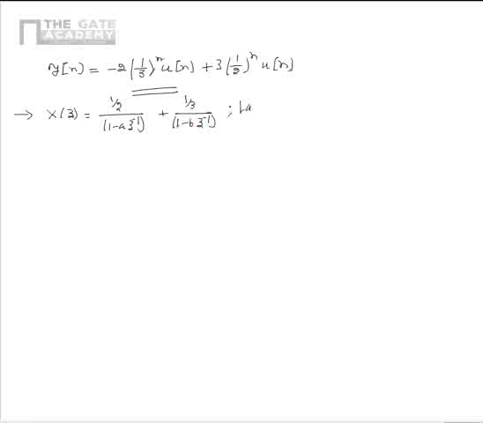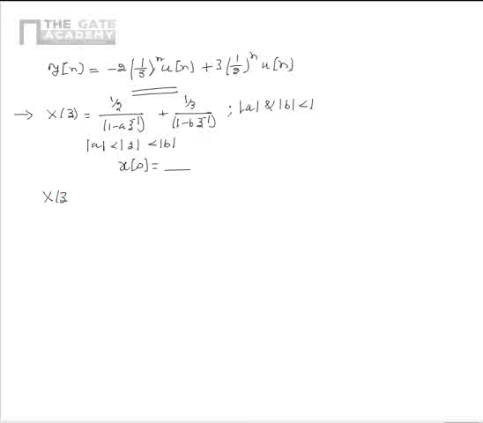It's given that mod a and mod b are less than 1 and the corresponding ROC is specified as mod a less than mod z less than mod b. We have to find the value of x of 0 for the above sequence.